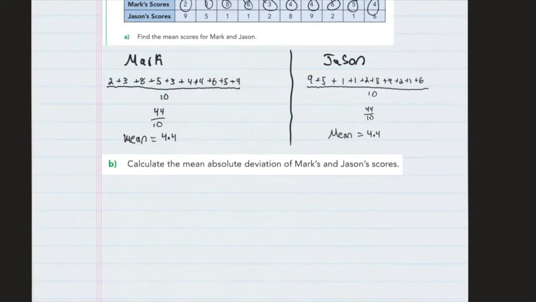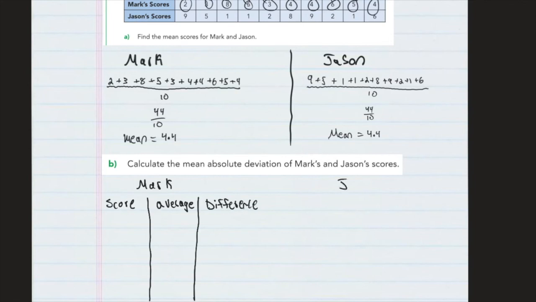So in this case, we need a table for Mark and we need a table for Jason. So let's say Mark will have his score, and then we'll have his average, and then we'll have the difference.